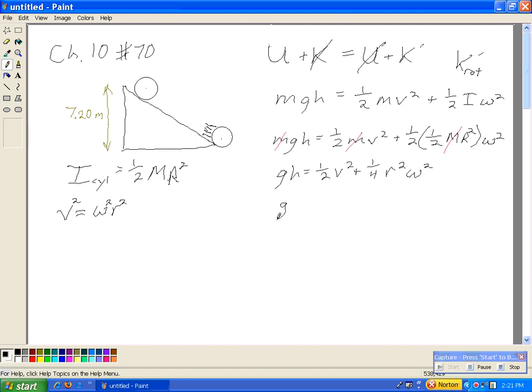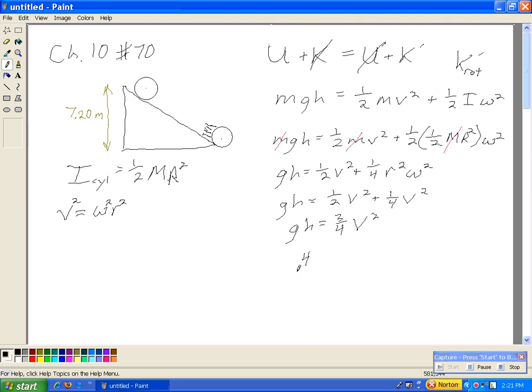We could write this, gh equals 1/2 v squared plus 1/4 v squared. Very nice. I like 1/4 plus 2/4. 3/4. So gh equals 3/4 v squared.